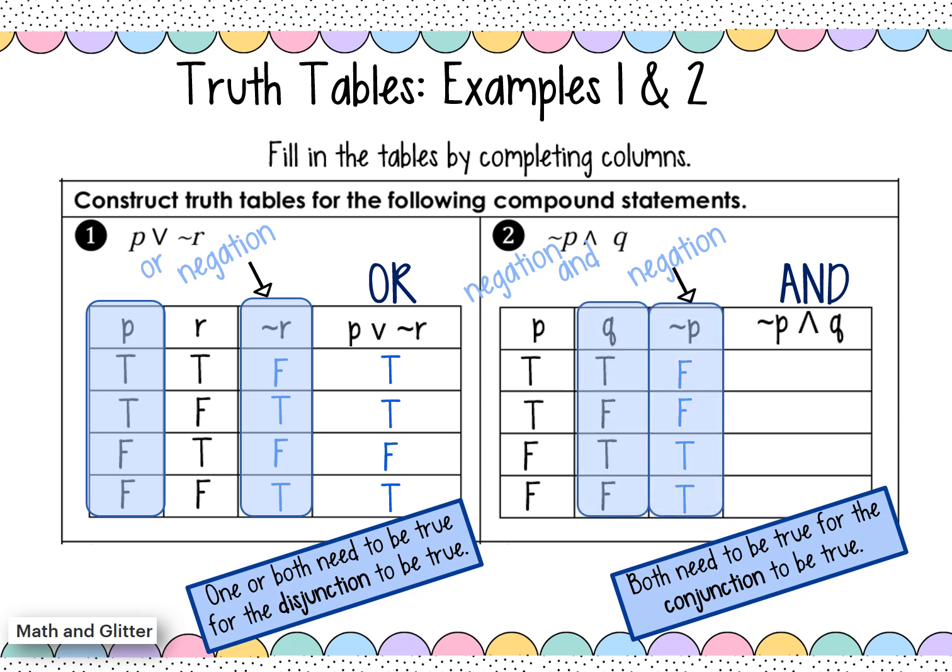So not P and Q. We're looking at those two columns right there, and both need to be true for the conjunction to be true. So the first row there is false, false, true, and the last one is false. The only one that works is when both are true for the conjunction.